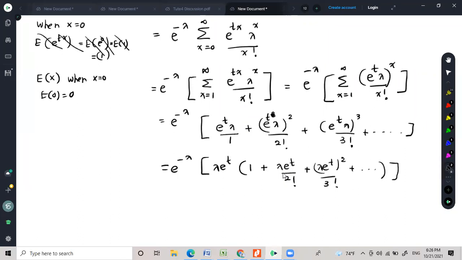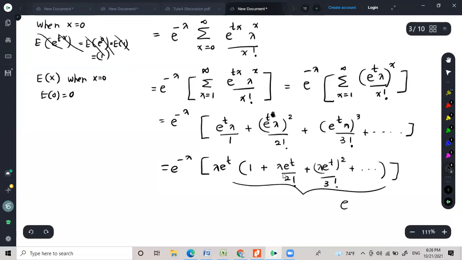What is this? This is the summation. We already used it. Yeah, I think I found some answer. Some of you have given the answer. When you have the summation, the infinite series, this is actually e to the lambda e to the t.